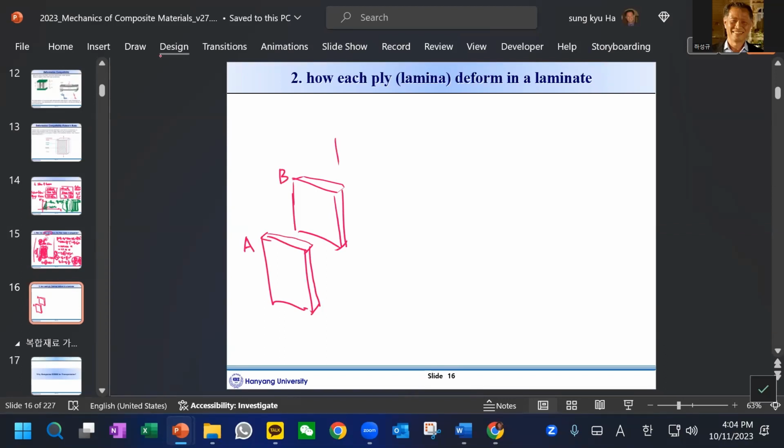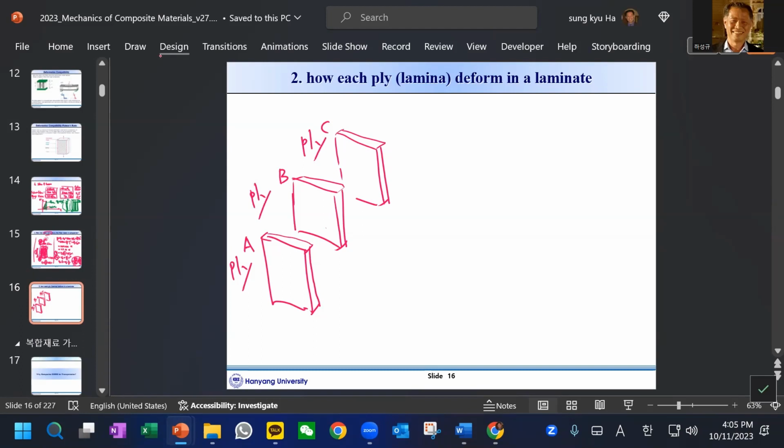And another one, another material like the C material. Imagine that A can be any material like rubber or wood or steel or aluminum. B material, same thing. You can imagine any material, any plastic, any metal, anything. And C, same thing. So each one we can call a ply. This is a ply or lamina, a ply with a certain thickness and certain material.